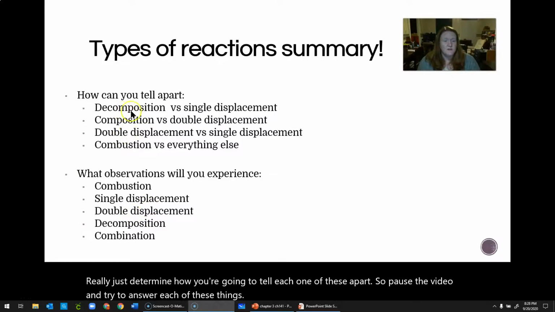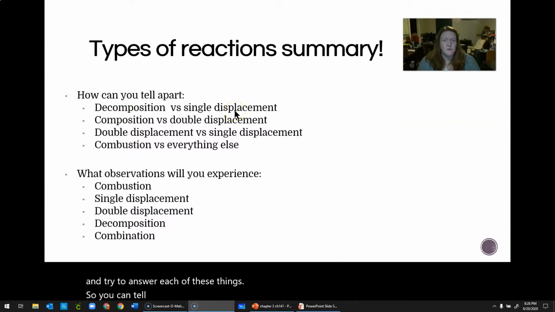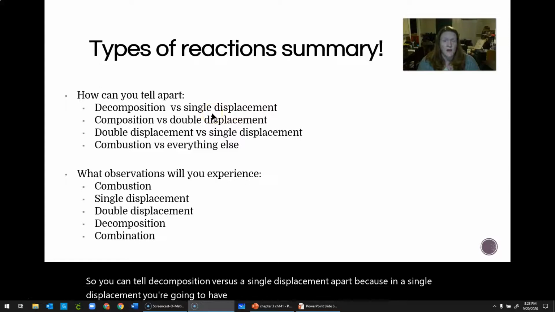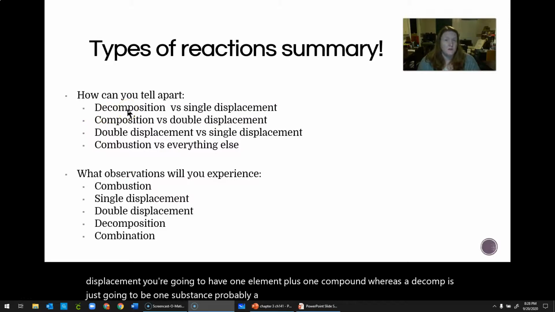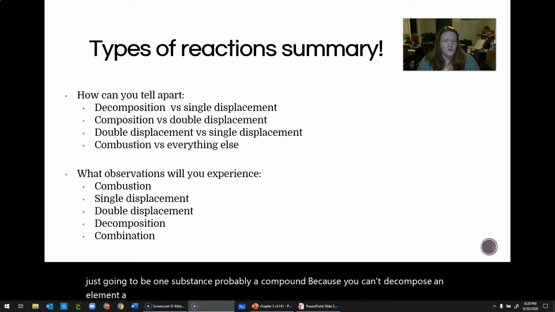So you can tell a decomposition versus a single displacement apart because in a single displacement you're going to have one element plus one compound, whereas a decomp is just going to be one substance, probably a compound, because you can't decompose an element. A composition can be determined from a double displacement based on the products.